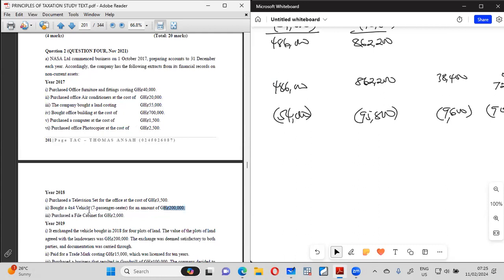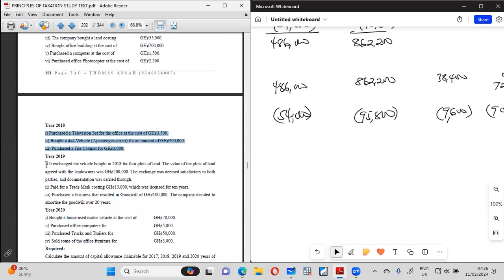We said that those you can add the full amount for are those that take more than half a ton and 13 passengers. This one is 7, so please, you still limit it to 75,000. Purchase of a file cabinet. This one is class 3. So basically, that is that. In 2019, all these things were in 2018; you do 2017, then you come to 2018 additions.